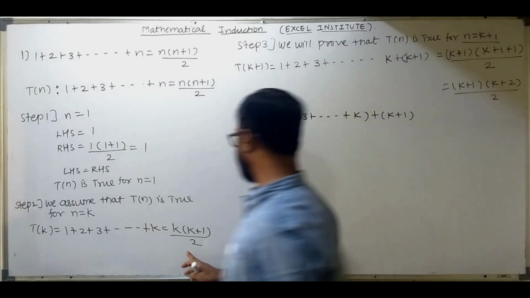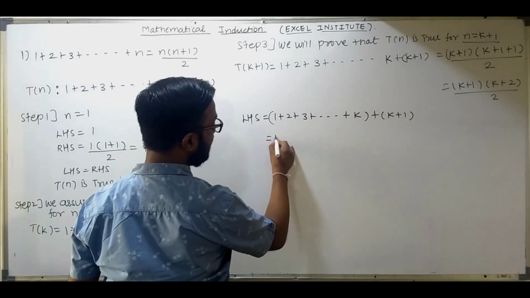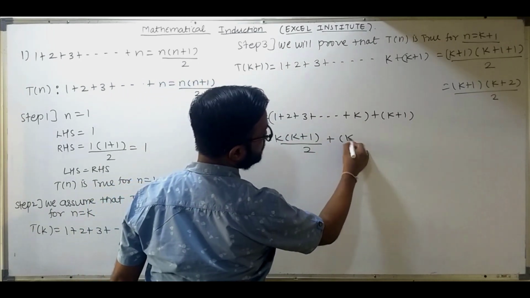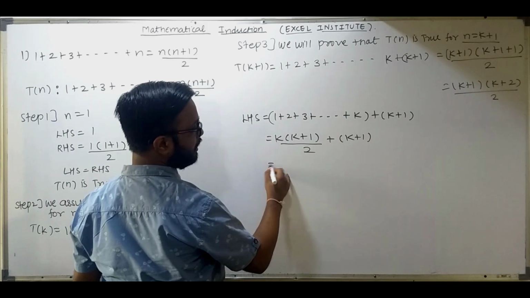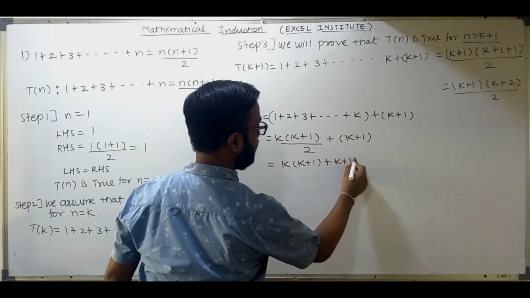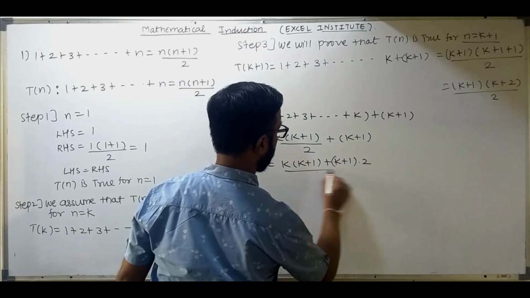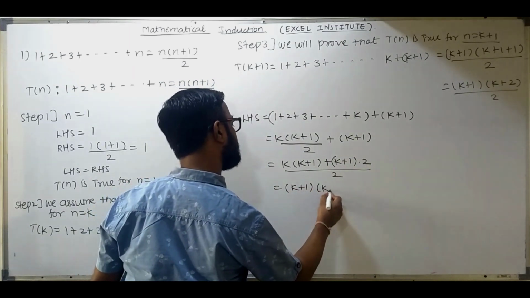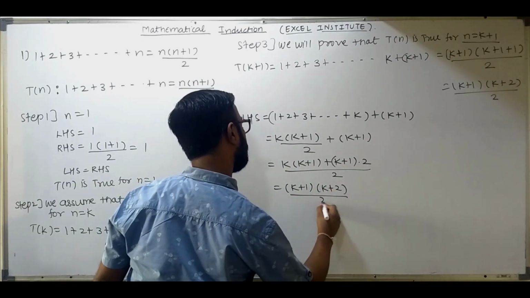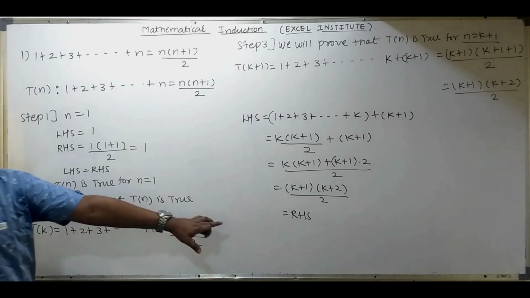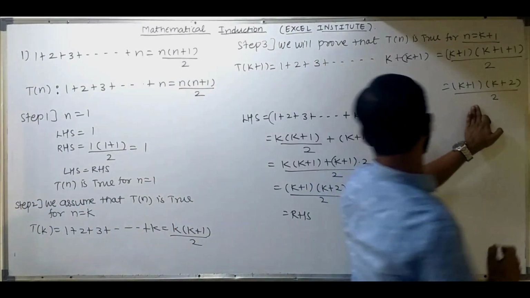It is k into k plus 1 by 2. And this k plus 1 we keep as it is. So here k into k plus 1 by 2, plus k plus 1 into 2 by 2. We can take k plus 1 common, so what is left is k plus 2 by 2, which is equal to RHS, which is equal to this. We got it.